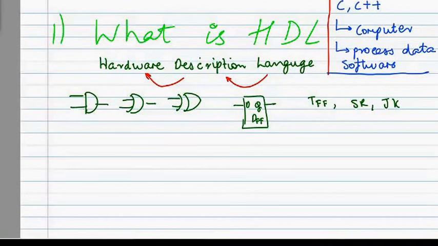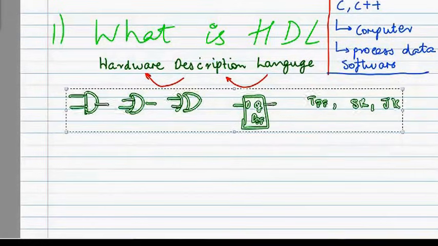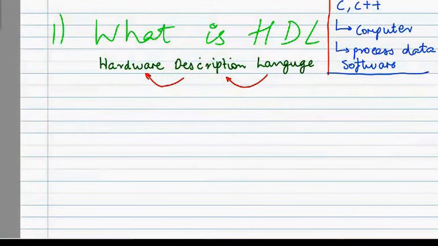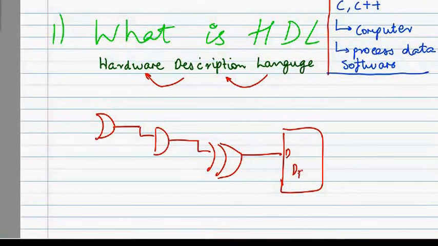So what if I want to write or describe a circuit that looks as follows? For example, I have an OR gate that feeds into an AND gate, that feeds into an XOR gate, whose output then goes into a D flip-flop.